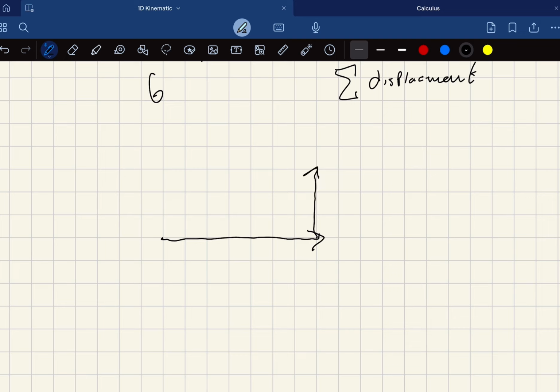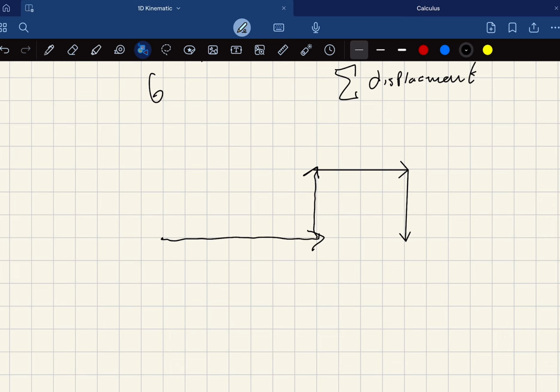Then you go 4 meters east. Then you go 3 meters south. What would be your resulting displacement from the whole time period?